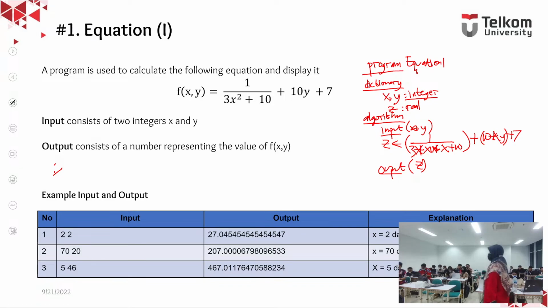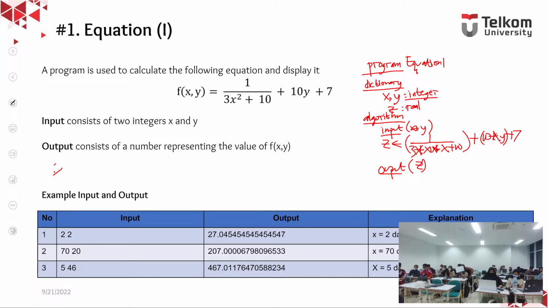Any question for the algorithmic notation? No? Clear? Okay, clear. And then what about the Go programming language? You need to translate this, right? X and Y are integer, and then Z is float.